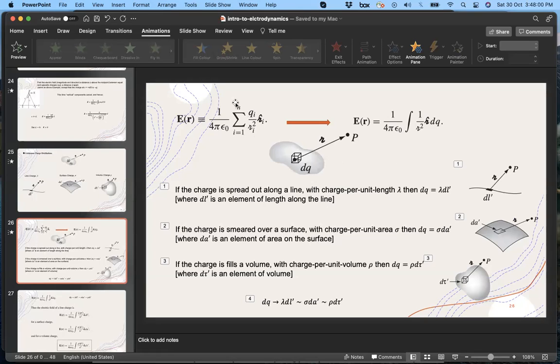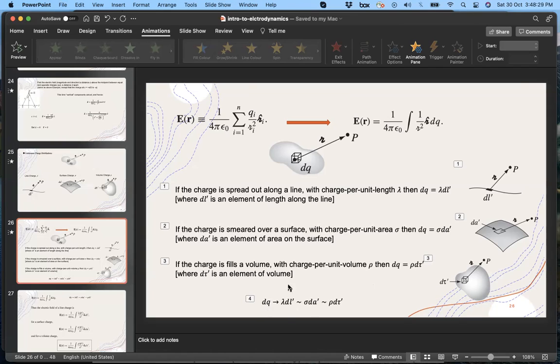That summation, which was for the discrete charge distribution, should go to the integral, so that we can take care of the continuity of the charge distribution. If it is along a line, we generally took this quantity as lambda. For a surface it is sigma, and for a volume, that means a three-dimensional object, we take this as rho.